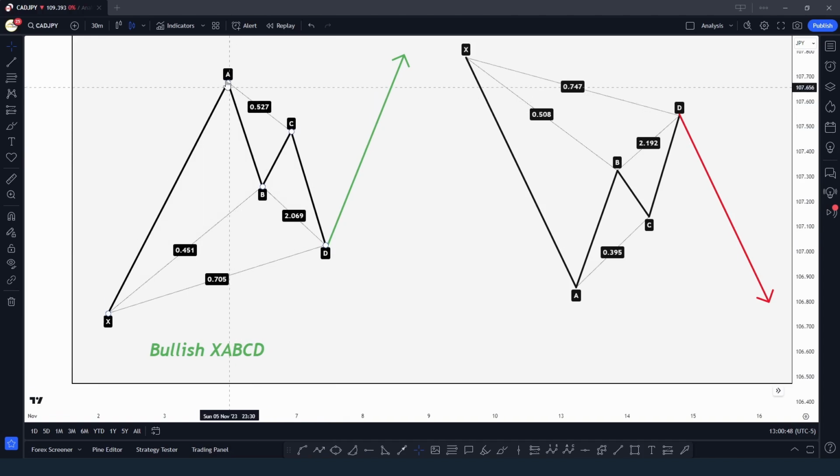But none of the AB or CD wave should be as big as this XA wave, because we are counting on this ABCD wave to be the retracement of this very impulsive XA wave move. So this AB and CD should always be smaller than this XA wave, and also the total retracement of this ABCD wave should fall within the 50 to 78% of the overall wave.